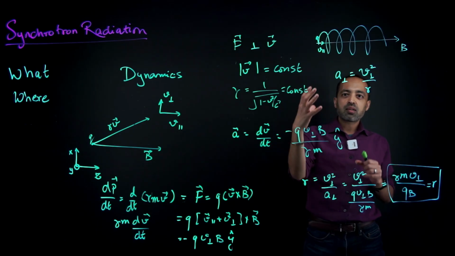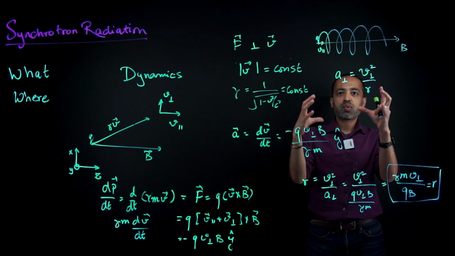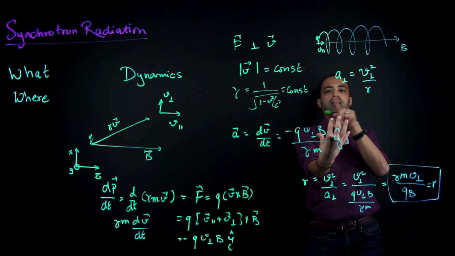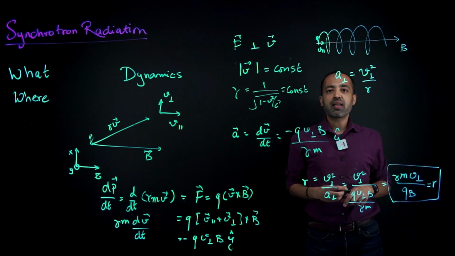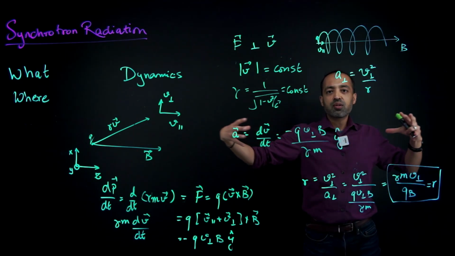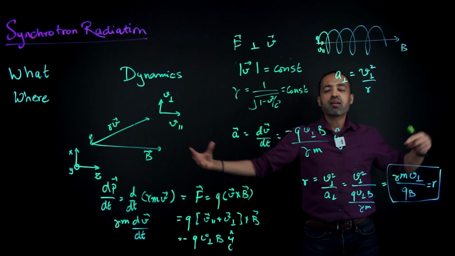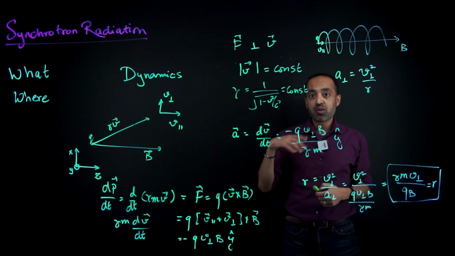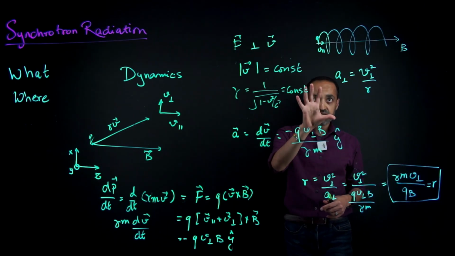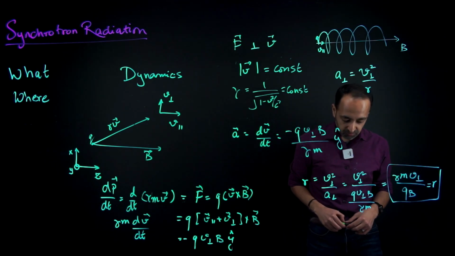But this is the radius of the circle where if you were to turn this spiral edge on and then look at it, this is the circular radius that spiral would have. But of course, that can be stretched out if the V parallel is larger, then this pitch angle is smaller, and we'll talk about the pitch angle and the actual radius of curvature later. But this is the radius of that circle, as if this were being viewed edge on.